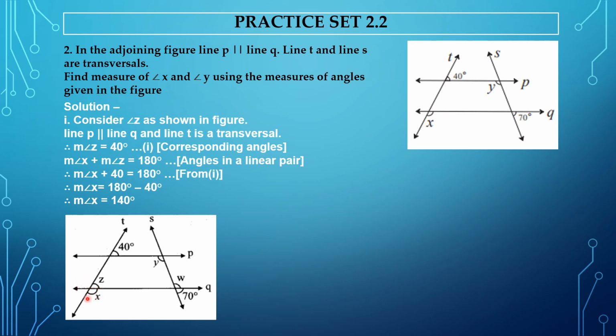Now students, angle x and angle Z, if you add, form a linear pair. So angle x plus angle Z equals 180 degrees, angles in a linear pair.